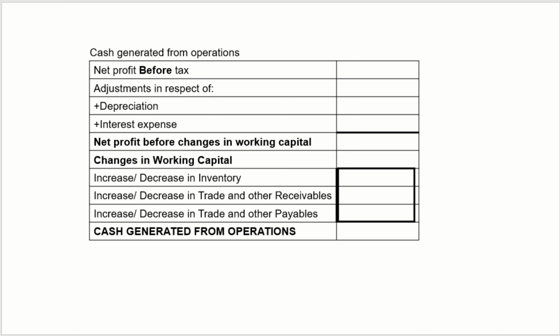Working capital is a summary of the change in inventory, the change in trade and other receivables, and also the trade and other payables. All right. So we add those together, we get the changes in working capital. Then we add that with the net profit before changes in working capital to get our cash generated from operations.